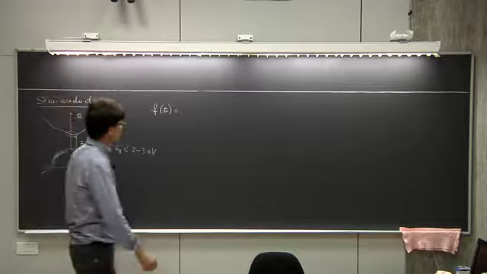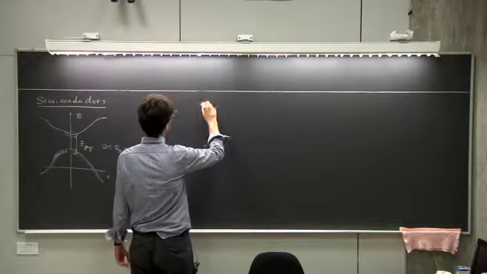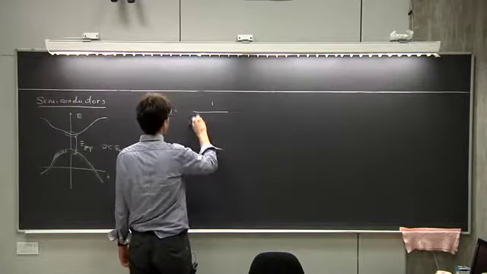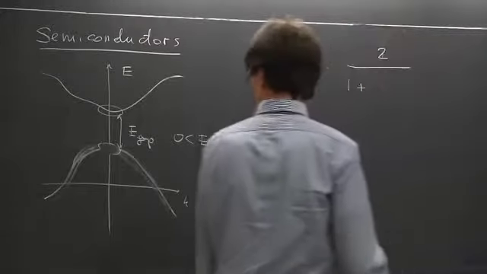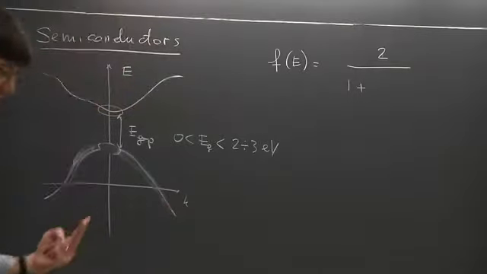And the Fermi-Dirac distribution states that the occupation of a state, actually let me put a 2 here, because we assume that the complete filling is actually 2 electrons, spin up and spin down.